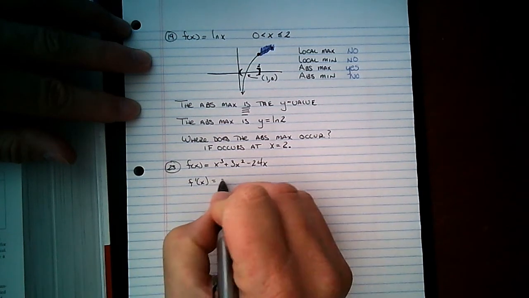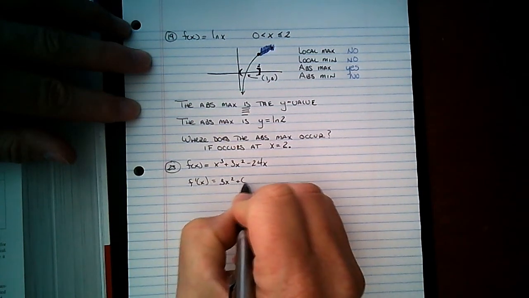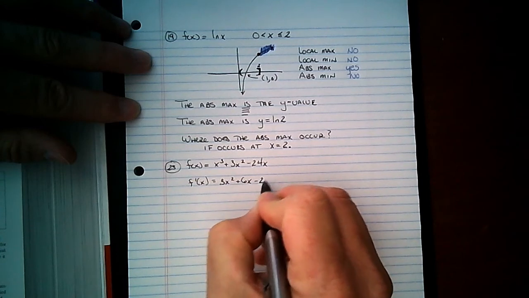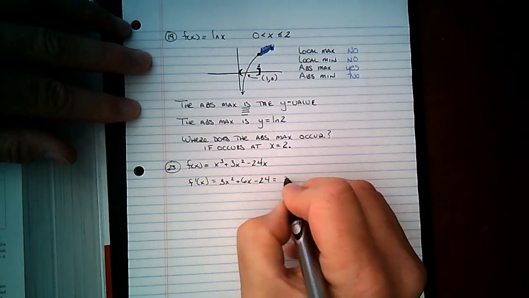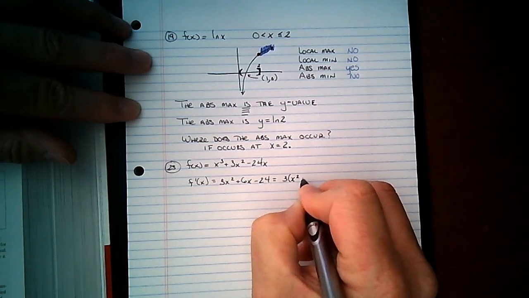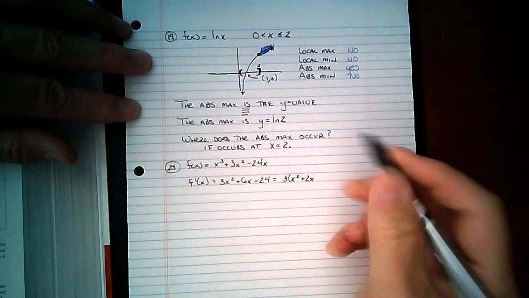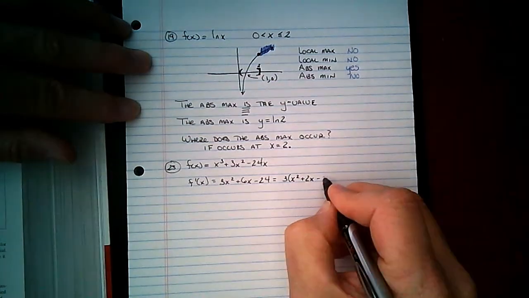So what do we get? We get 3x squared plus 6x minus 24, which of course factors as 3 times x squared plus 2x minus 8.